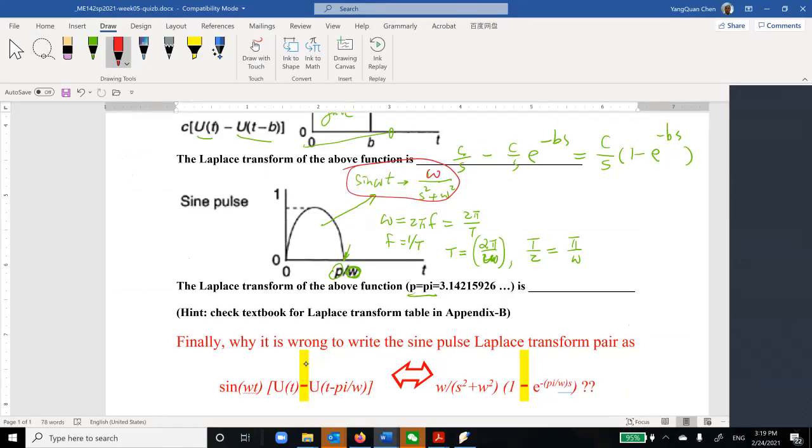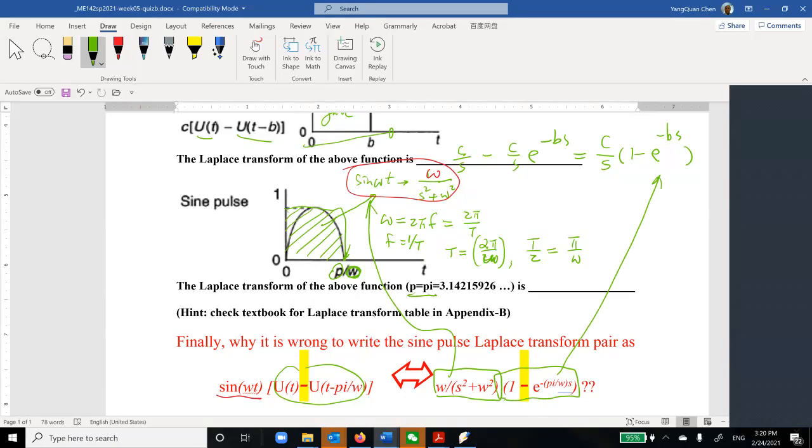Because this is like sine omega t times this gate, the gate function. So I'm writing this is my sinusoid, but then this is my gate.